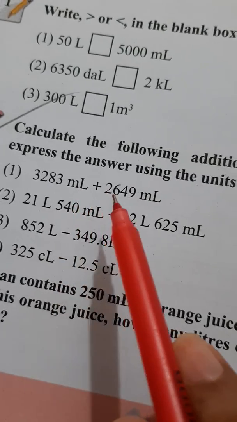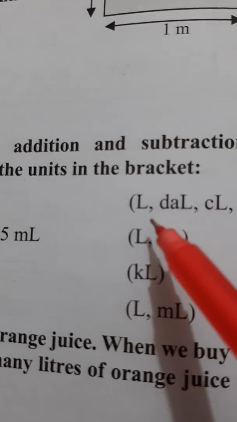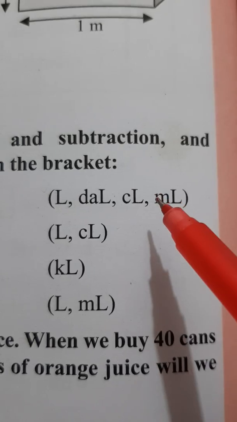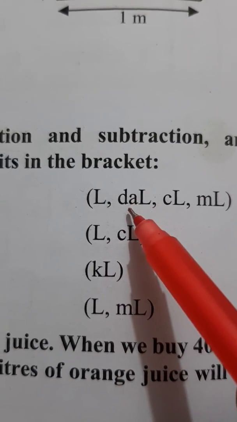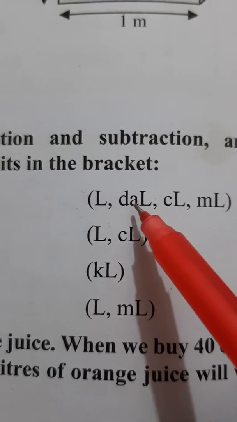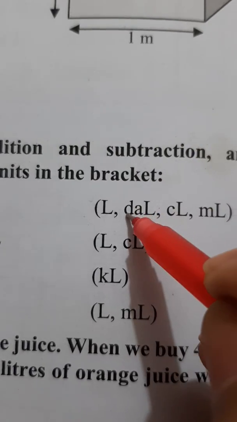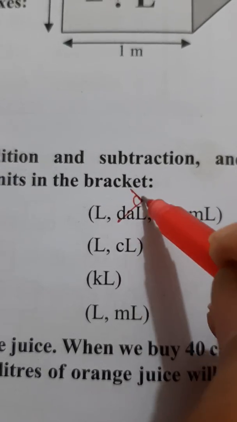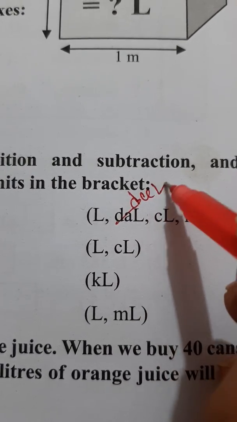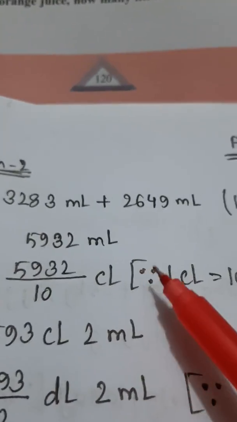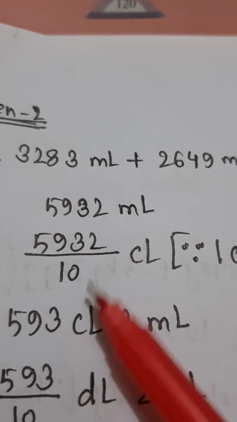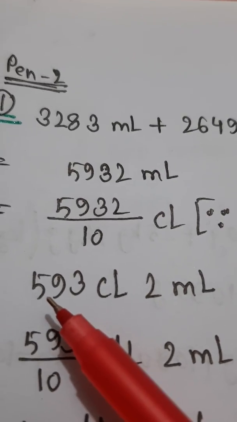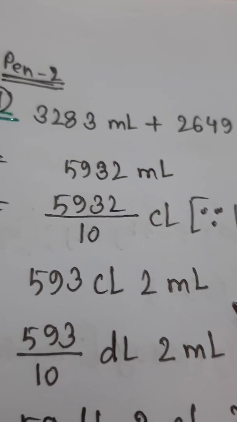the number in liter, deciliter, centiliter, milliliter. It's not decaliter, it's deciliter. Correction. So at first milliliter to centiliter, divided by 10, we get 593 centiliter and 2 milliliter.